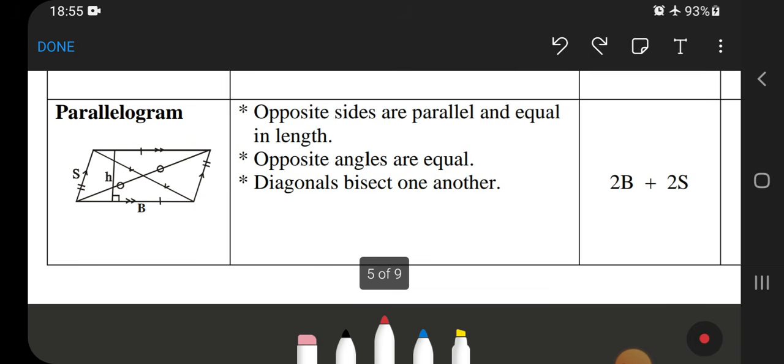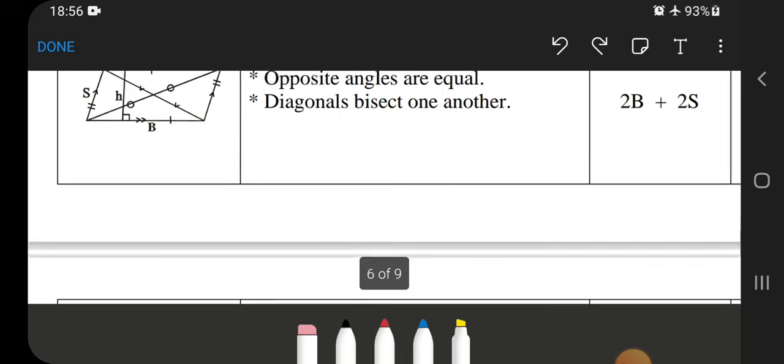And then opposite angles are equal, so here opposite angles are going to be equal, okay? And then diagonals bisect each other, meaning they cut each other in half. That's again what you have to know with a parallelogram. This one and this one, we have opposite angles.